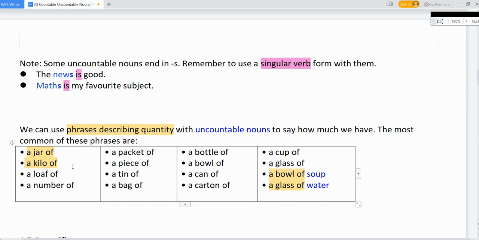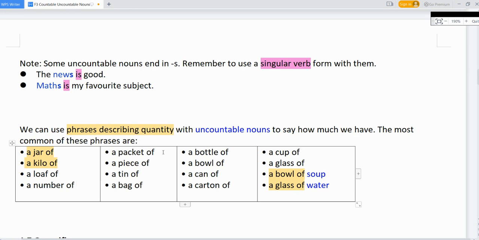Okay, a kilo of, okay, for example, a kilo of sugar. Okay, sugar tu kita tak boleh kira. Kita tak boleh kira berapa butir sugar tu kan. But we can measure it as how many kilos. A kilo or 2 kilos or 3 kilos. A loaf of bread. A number of people.